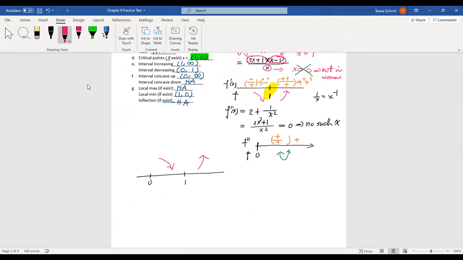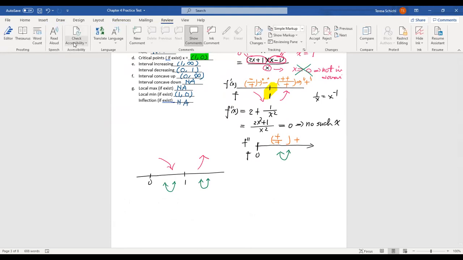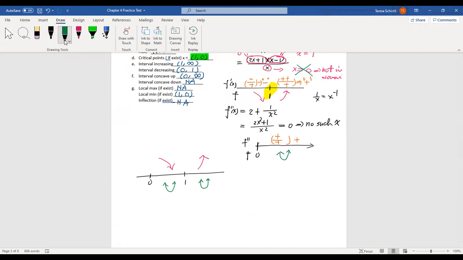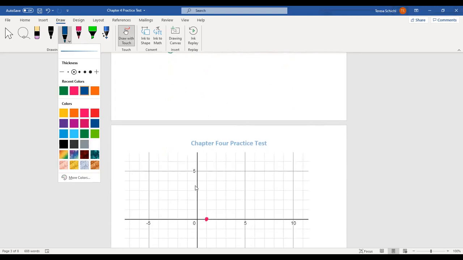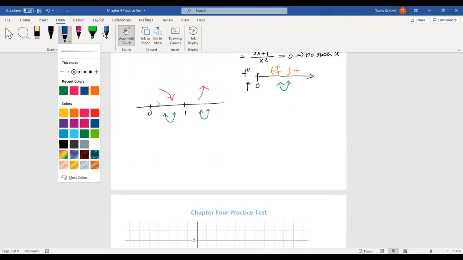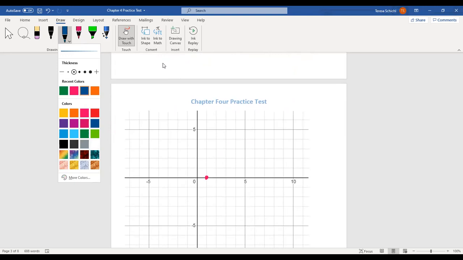And this is concave up always. Now let's see if we can graph it. So 1, 0 here, then we know the y-axis is the asymptote. From 0 to 1, what happened? Decreasing, and it's concave up.